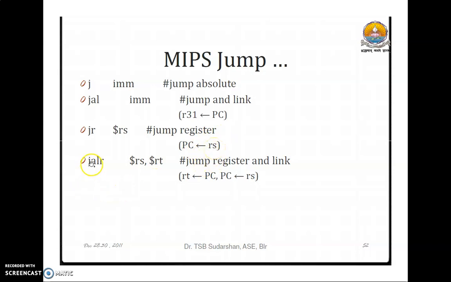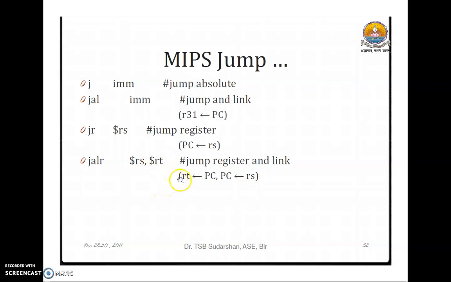Now JALR, jump and link register. Here you are jumping to the address specified by RS. And you have to come back to that point so that you can resume after the procedure execution. For that, we need to keep the original value of PC before replacing it. That is kept in RT.